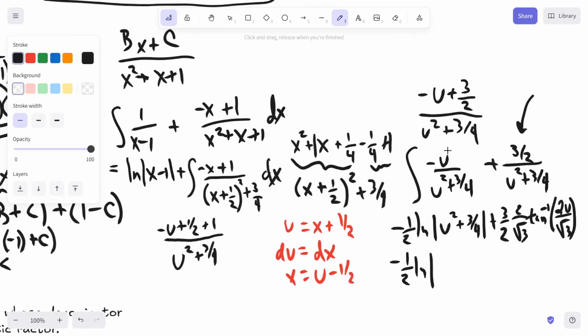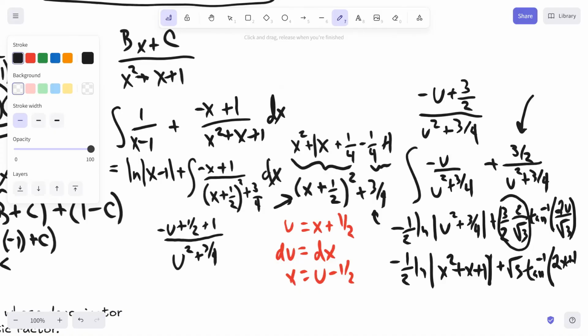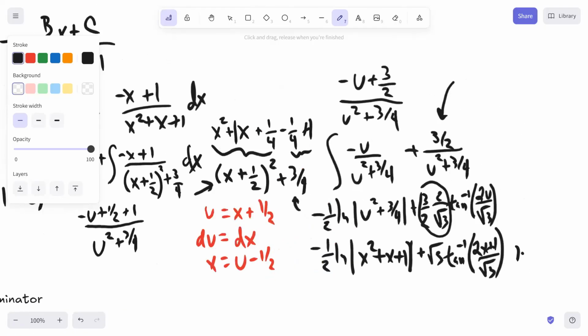Now if I do u squared, remember the x plus 1/2 was the factor for the perfect square, plus the 3/4 gets me back to the x squared plus x plus 1. Plus these fractions right here are just going to simplify to root 3 tangent inverse of 2 times x plus 1/2, which is just going to be 2x plus 1 over root 3 plus c.